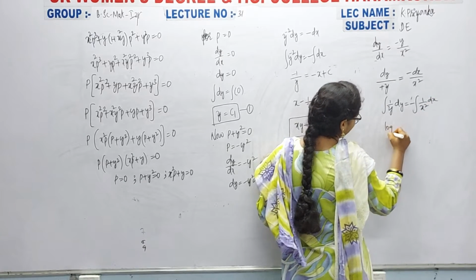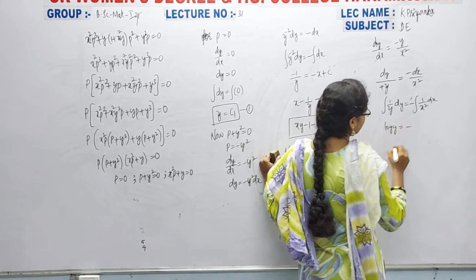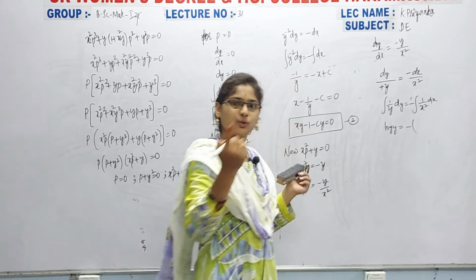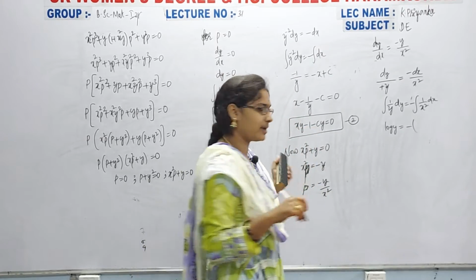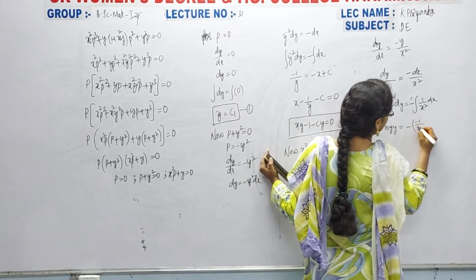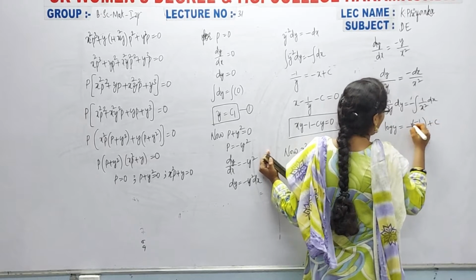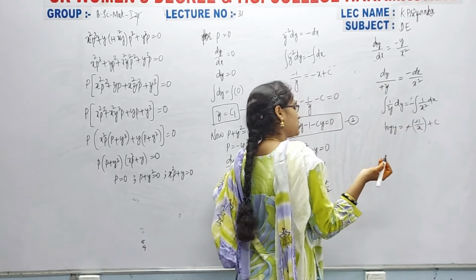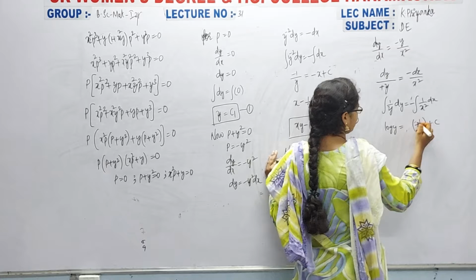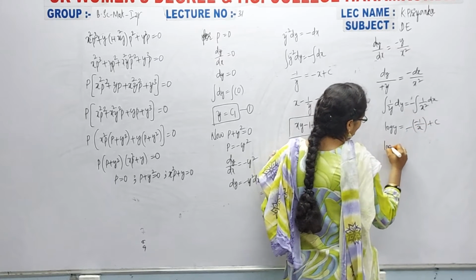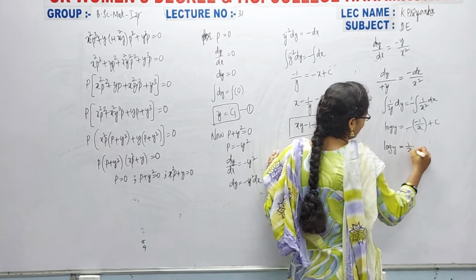Then log y equal to minus of x power minus 2 plus 1, x power minus 1 by minus 1. So it is minus 1 by x plus c. Now minus into minus is plus. Now log y equal to 1 by x plus c.